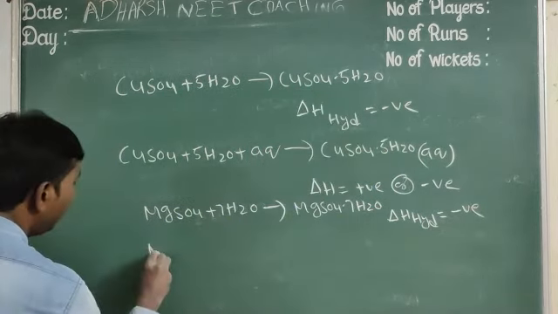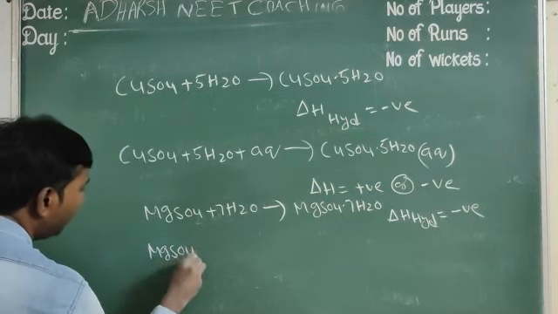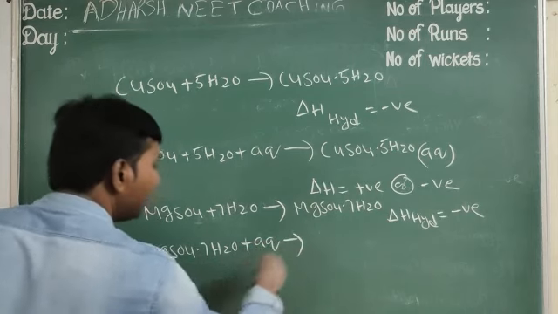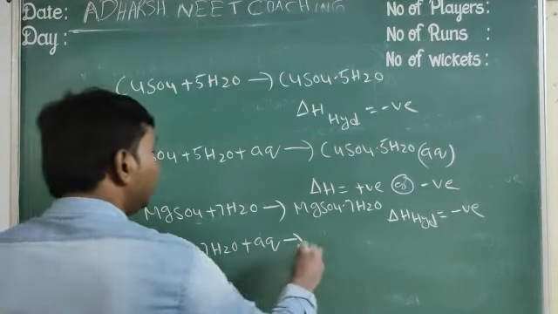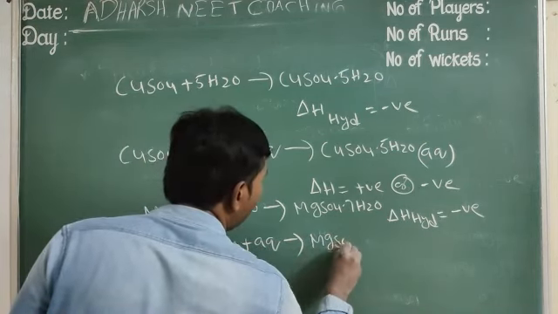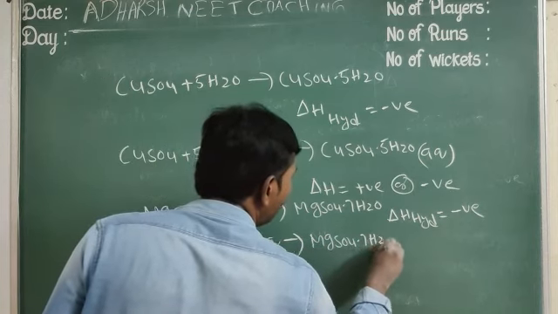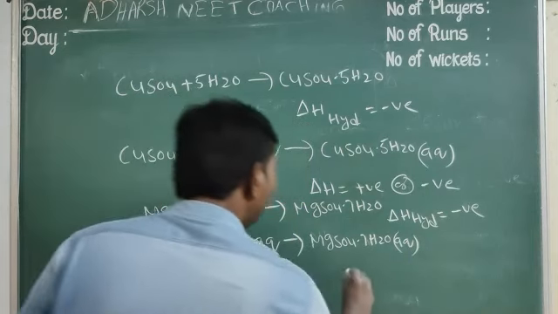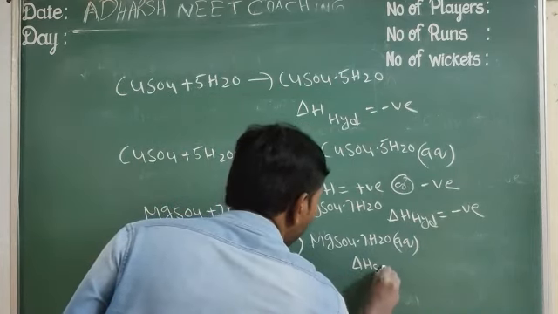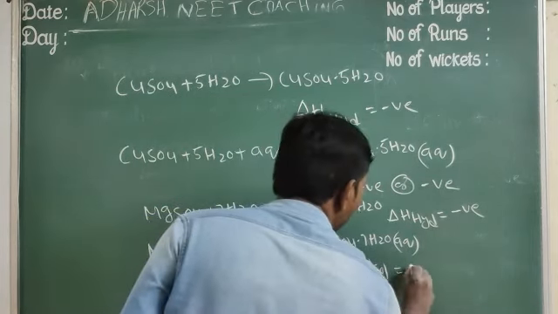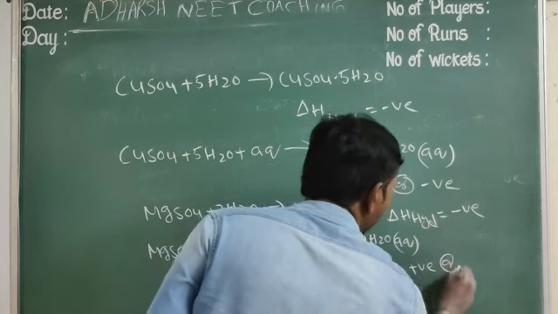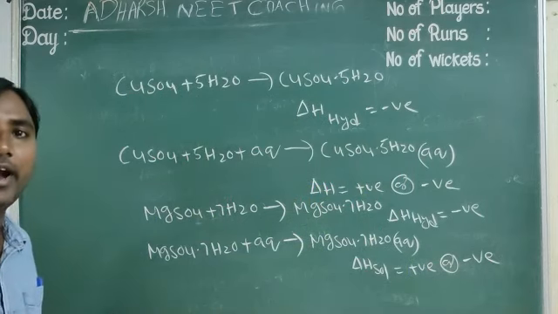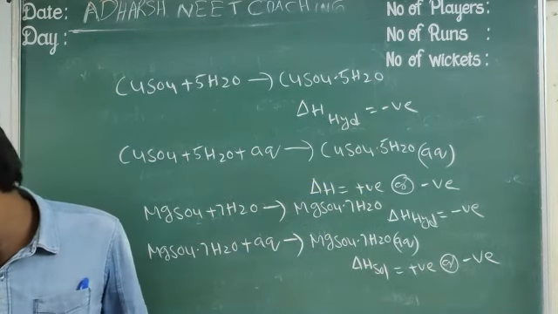Same reaction, MgSO4·7H2O plus aqua gives MgSO4·7H2O aqua. This is enthalpy of solution, whether positive or negative. This is the difference between heat of hydration and heat of solution.